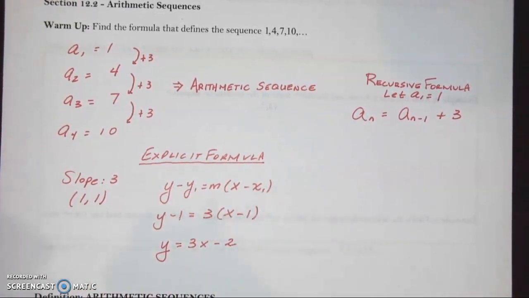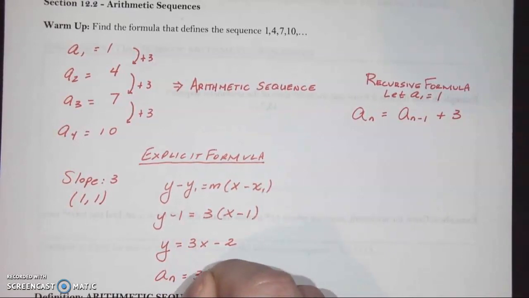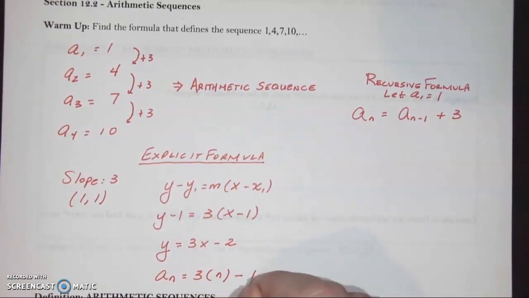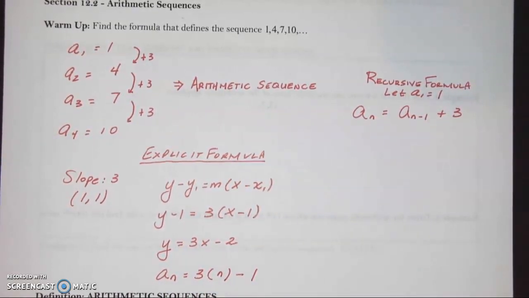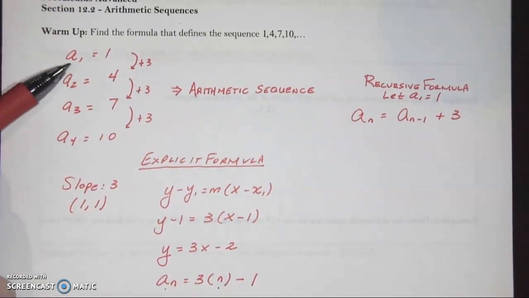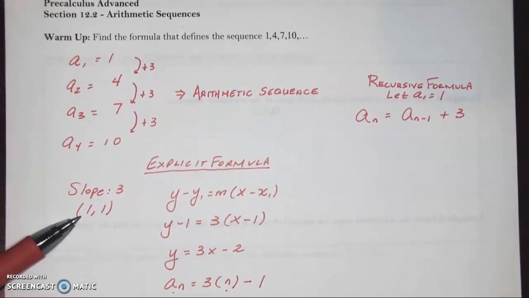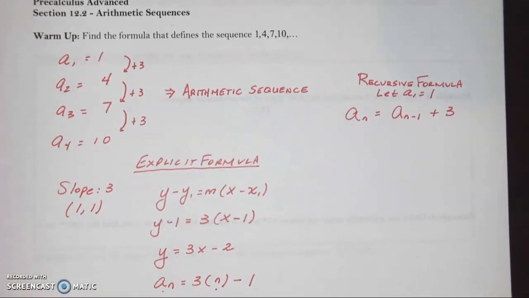Well, functions and arithmetic sequences can go back and forth. So what if we replaced the x and the y with the nth term and the term number, just like we did here? The 1, the term number, was our x, our input. The 1 as well was our output.